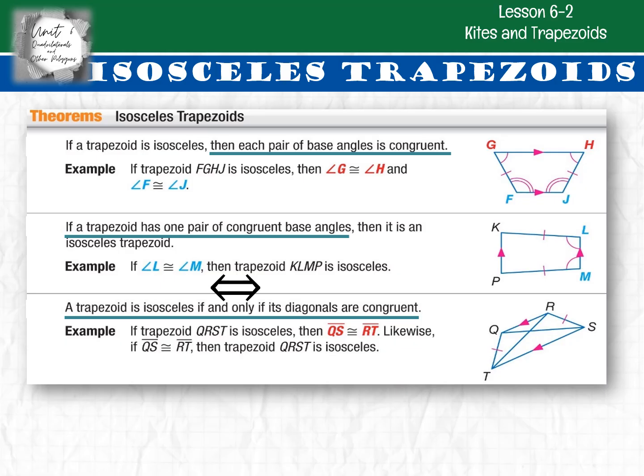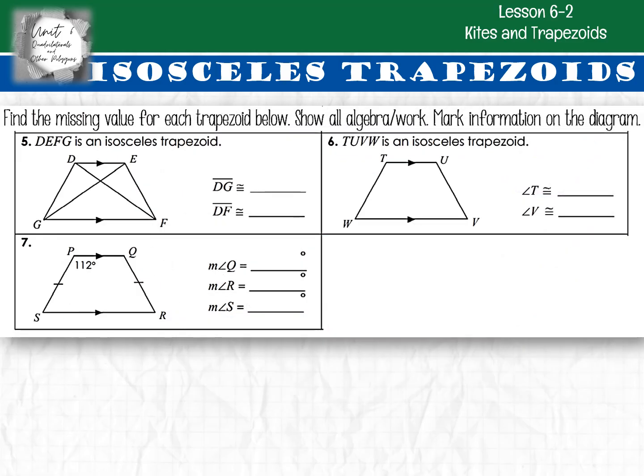So a trapezoid is isosceles if and only if its diagonals are congruent. So if we know it's a trapezoid and we know the diagonals are congruent, then it's isosceles. If we know it's a trapezoid that is isosceles, then we know the diagonals are congruent. It goes both ways.